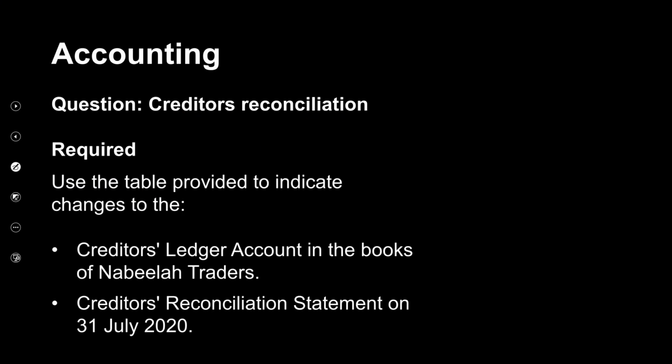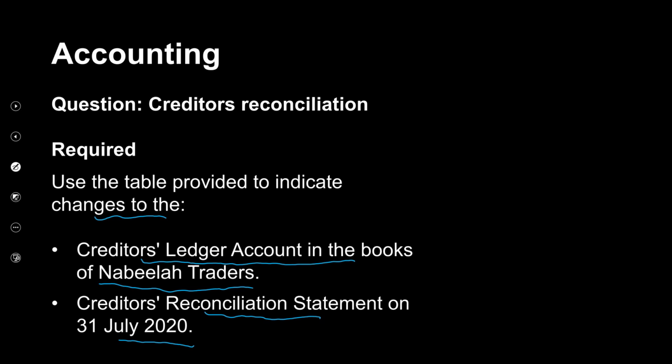Okay, and what are we expected to do? We must use the table provided to indicate the changes to the creditors ledger account in the books of Nabila Traders, and also the creditors reconciliation statement on the 31st of July 2020.